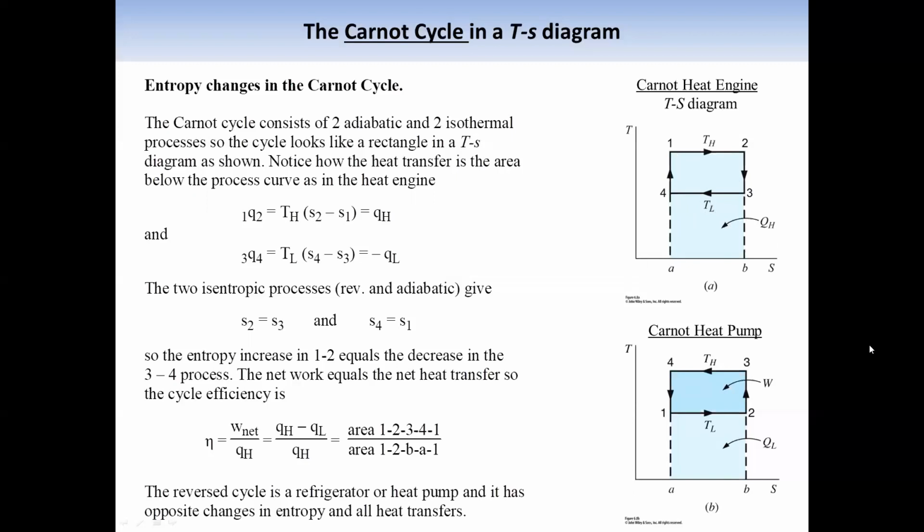And similarly, for the heat pump, the refrigeration cycle runs with 2 isentropic processes and the 2 isothermal processes. Similar to the analysis of the heat engine, the heat being absorbed at a lower temperature represents this rectangular area.